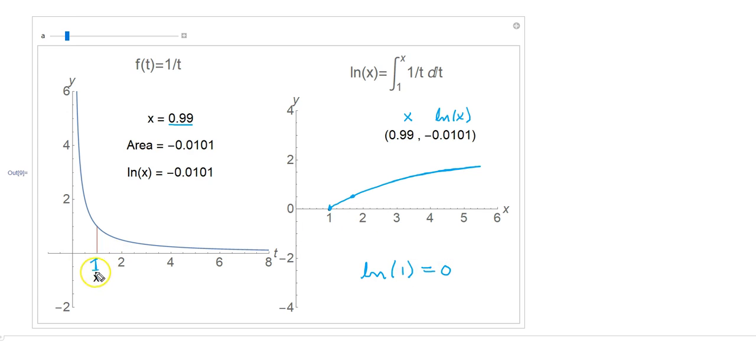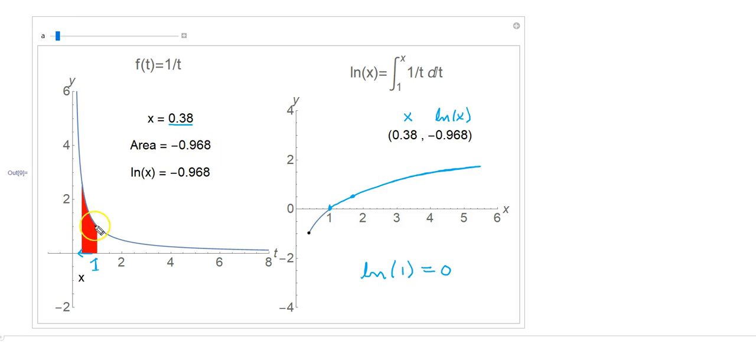Now what happens as we let x slide towards 0 on the x-axis? Let's see what happens there. Currently you see we have x being 0.38, and the area is labeled as negative 0.968.